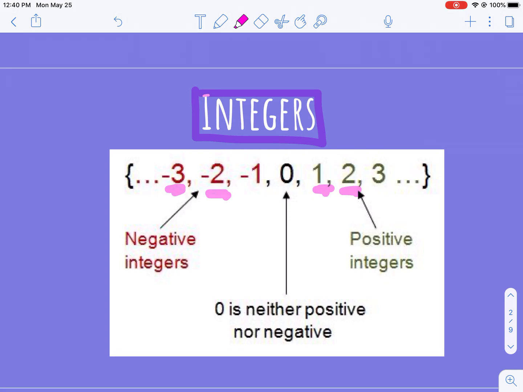If you owe somebody $3, that's a worse off situation than owing somebody $2, okay? So think the further left, the smaller the value of the number. Another great slide that you might want to take a screenshot of just to have in your notes. So these are integers, and this is what we're going to be focusing on.